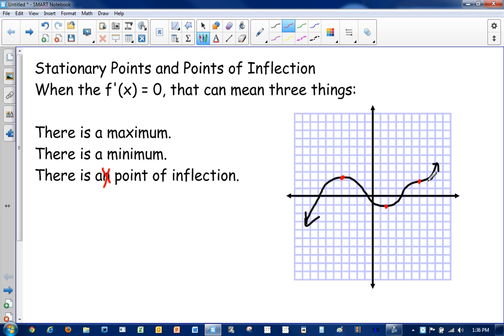We'll get into more of what that means later, but for now, realize that it is not a maximum and it's not a minimum. The graph has kind of leveled off momentarily, but it keeps increasing afterwards. Or it could start decreasing, stop momentarily, and then start decreasing again. It doesn't switch from increasing to decreasing. So those are the three things that can happen.